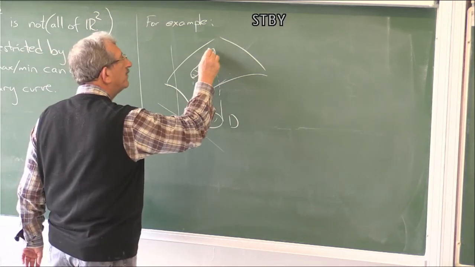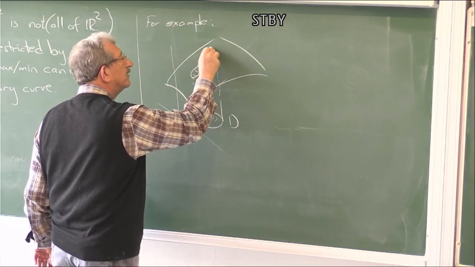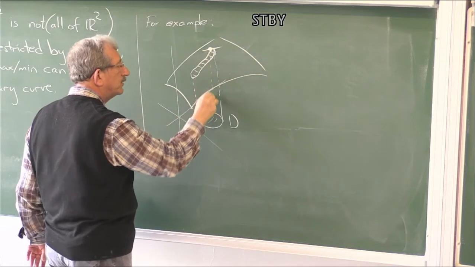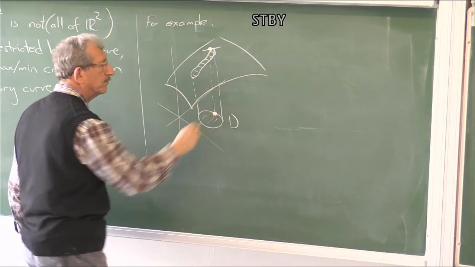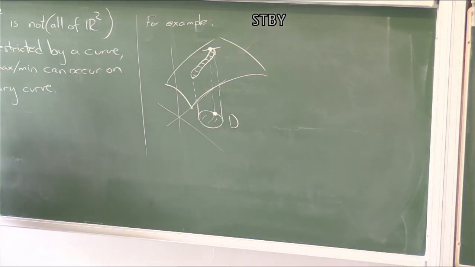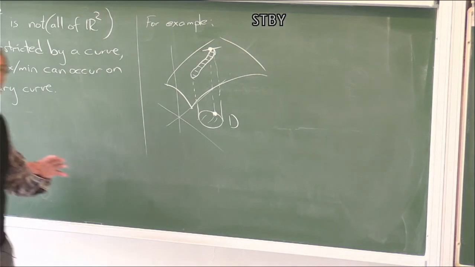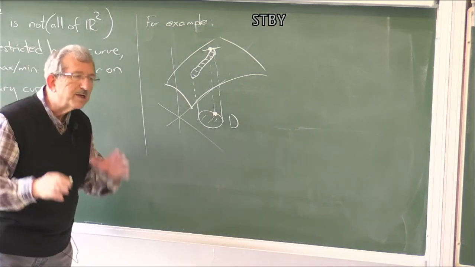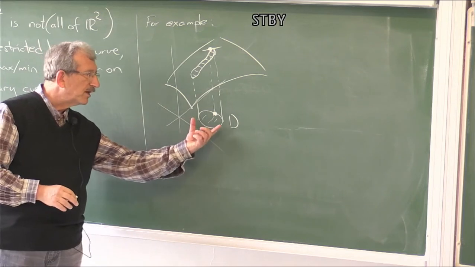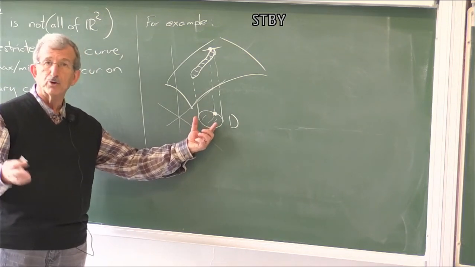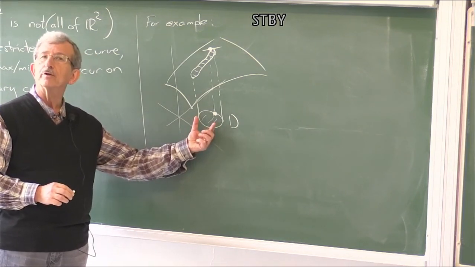Well, it may happen that the largest value is here, which corresponds to this point. Because unlike the dimension 1 case, for such a nice curve, could be a circle, there are no endpoints.